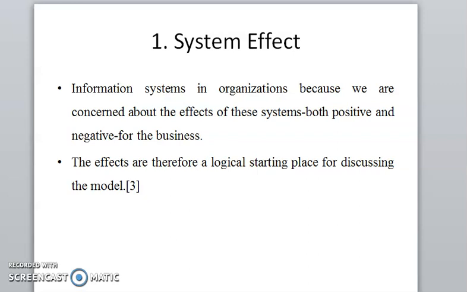Now, consequences for people include such outcomes as a shift in power and influence, and job enrichment. The future flexibility refers to the ways that the system may enable or constrain future information systems and strategic initiatives by the organization.